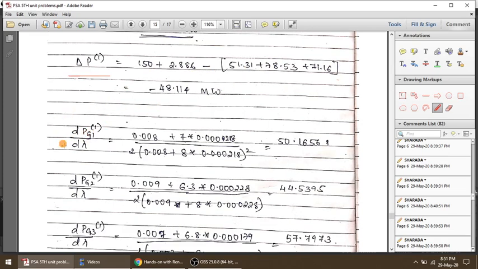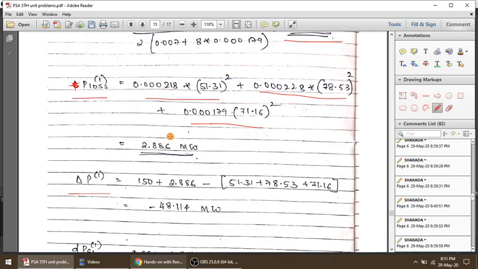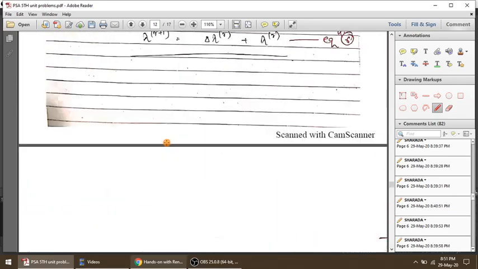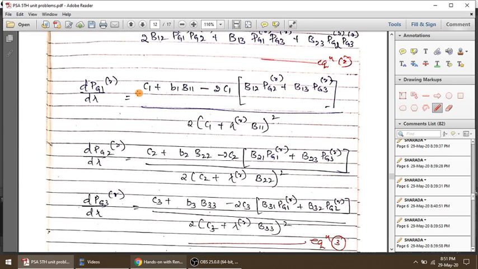Next I'll calculate dPg1 by d lambda, which is nothing but, not lambda 1, this is b1 plus... I'll go back to the expression here. Yes, this one: c1 plus b1 b11 divided by 2c1 plus lambda of r b11 square.